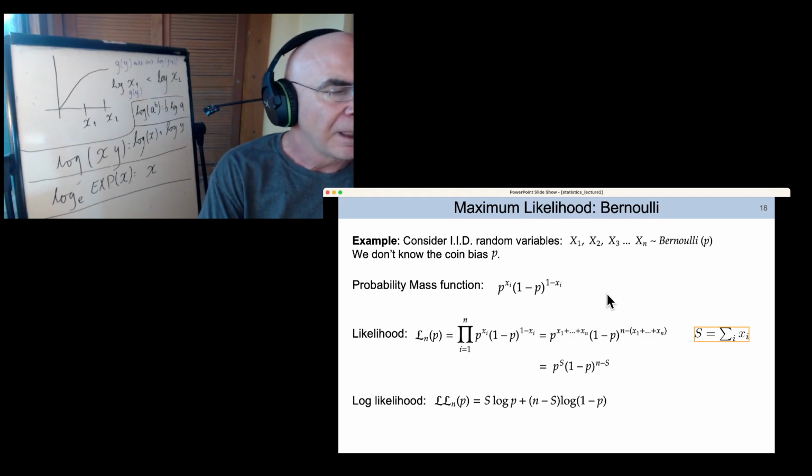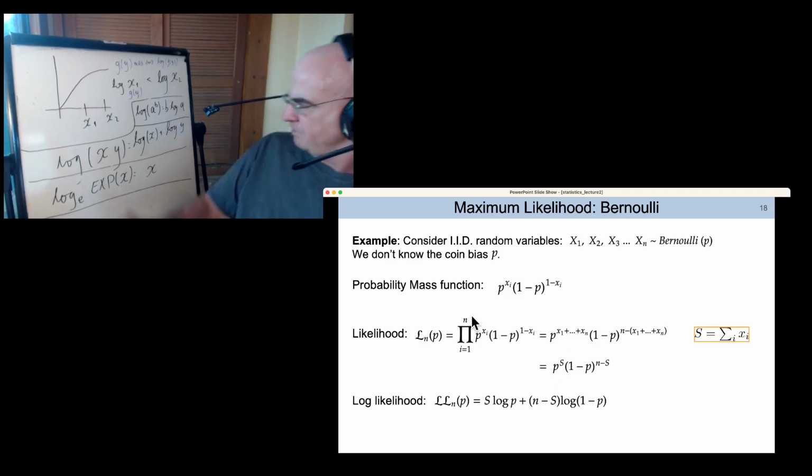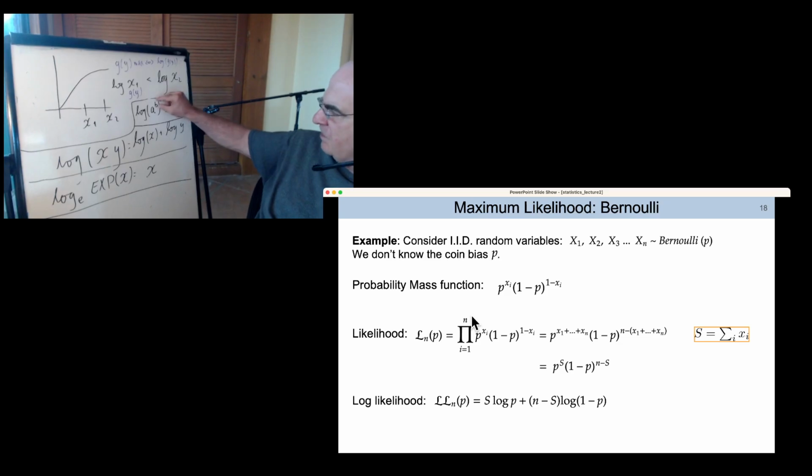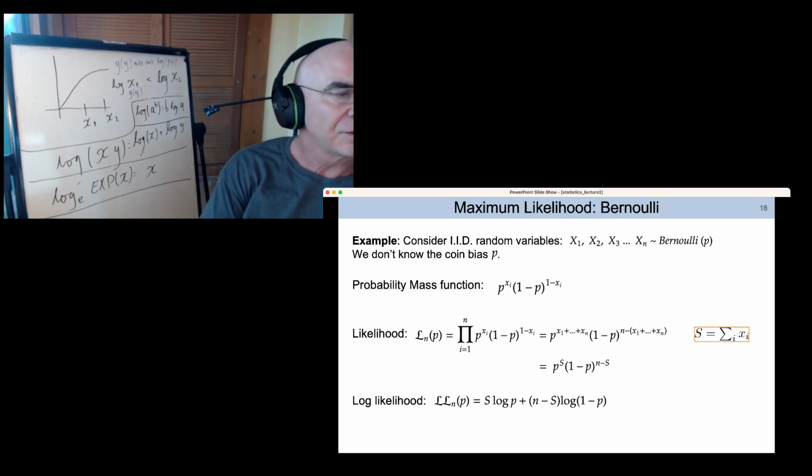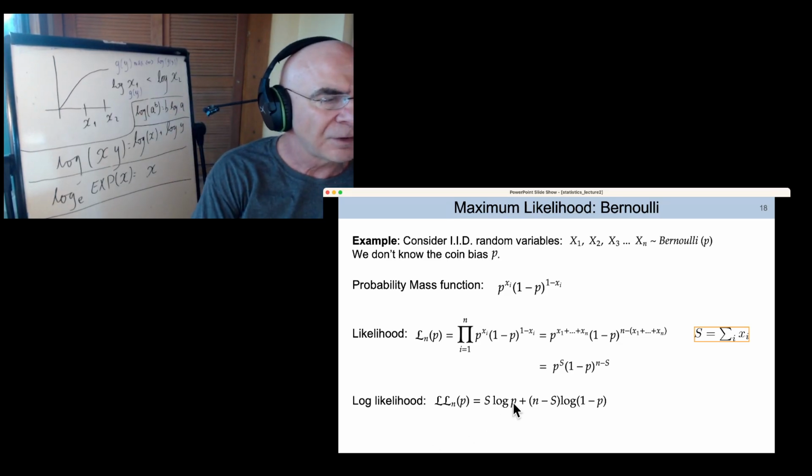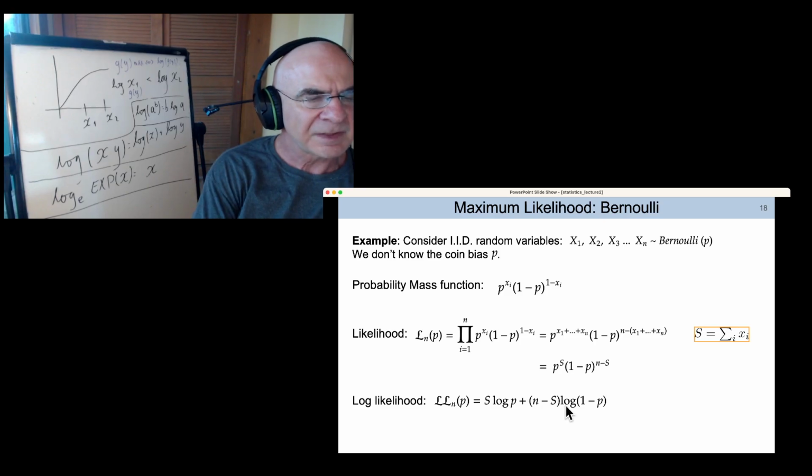So the log of this expression will be the log of the first part, s log p, plus n minus s times log of 1 minus p.